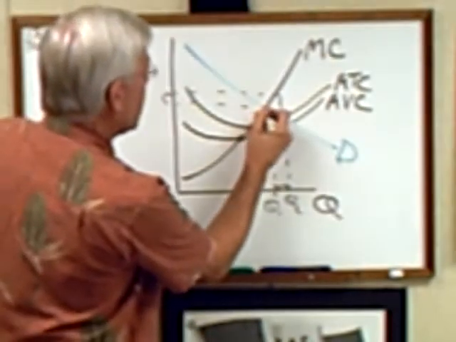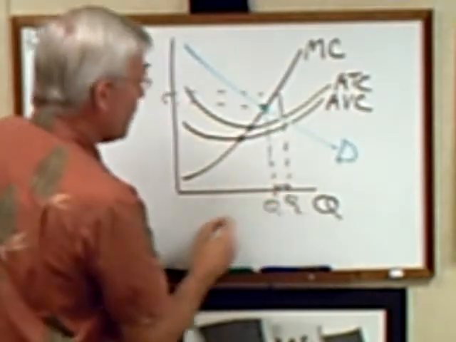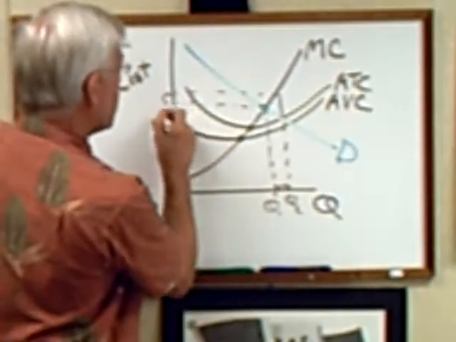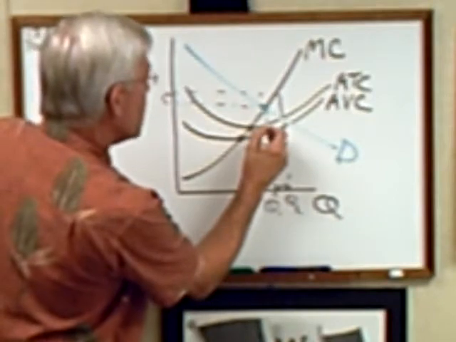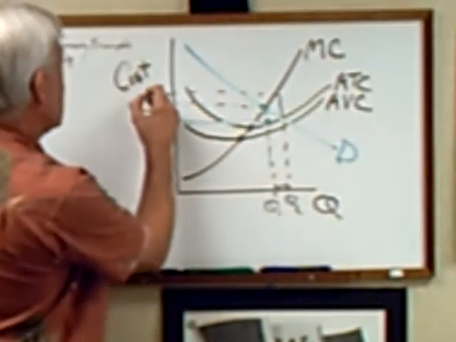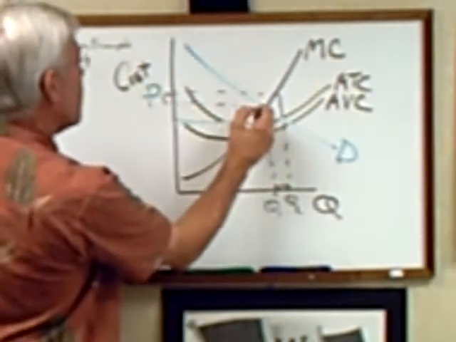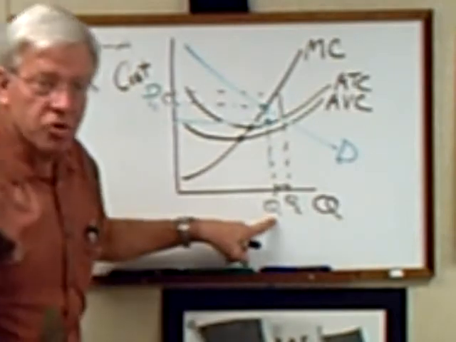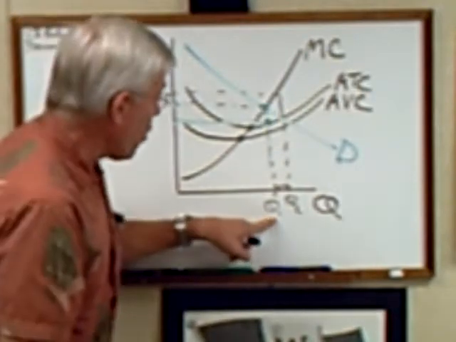They will be selling this amount of quantity, Q1. And their cost will be, for that quantity, their average total cost will be here. And they'll be selling for this price here. Call it price 1, associated with quantity 1.